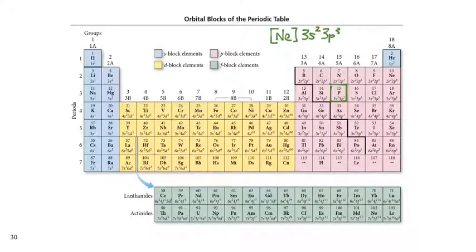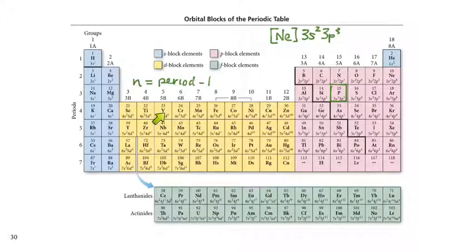It's higher in energy than the 4s. The 3d is hiding here. So for the d orbitals in this transition metal section, the principal quantum number n is going to equal the period minus 1.